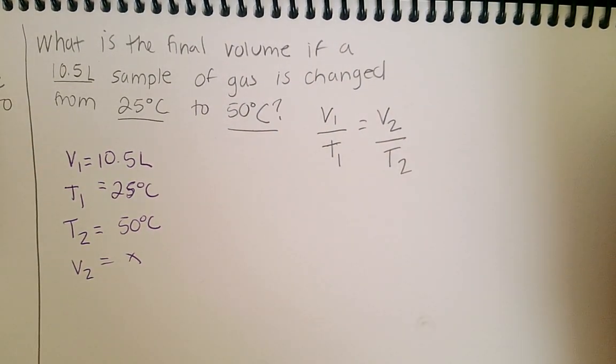All right. Previously I said that temperature must always be in Kelvin because Kelvin has what we call an absolute zero, meaning nothing can be negative. Celsius, as you know, and Fahrenheit can both be negative, so we don't want our temperature units to be in this. So how can we make Celsius into Kelvin?